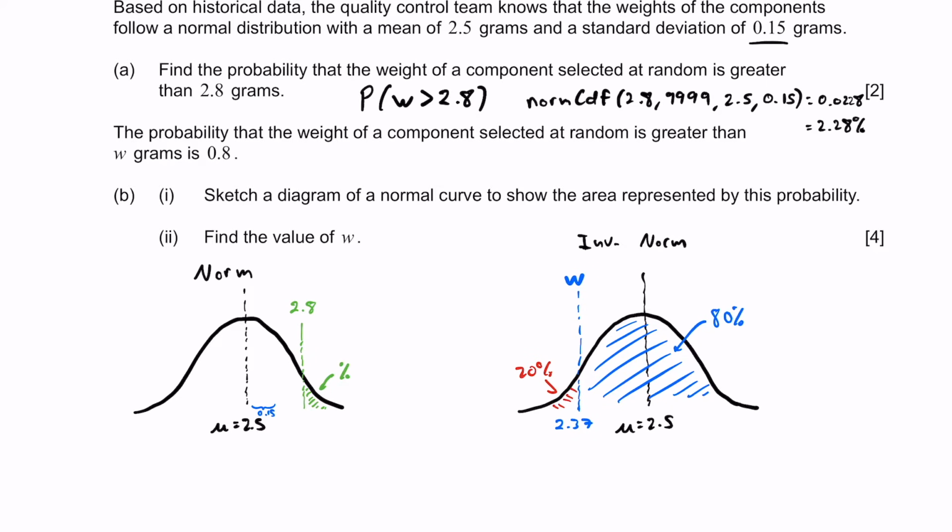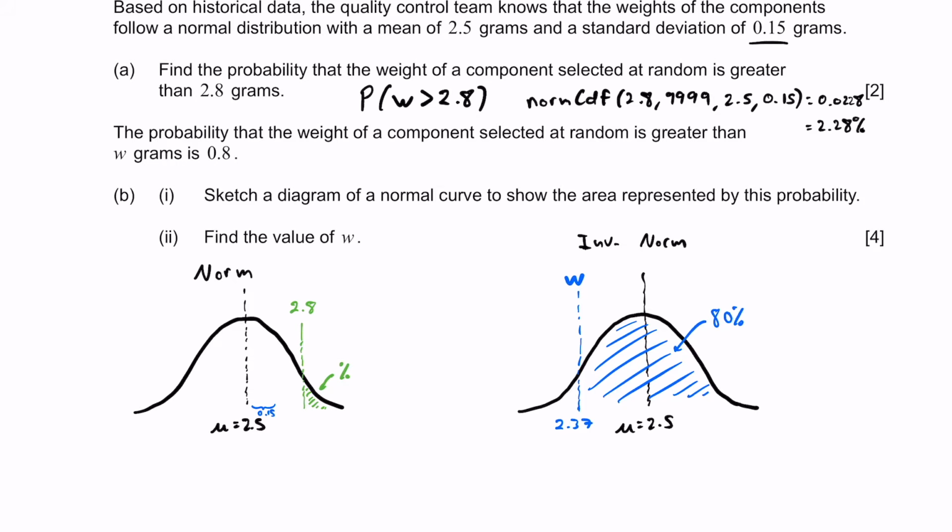If you wanted to actually write this, you probably want to take this away, and just something like this is fine. All right. Find the value of W. This is part 2. The value of W using inverse normal is 2.37. All right. So I think we're good.